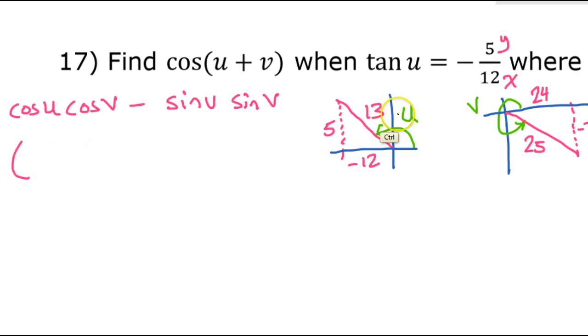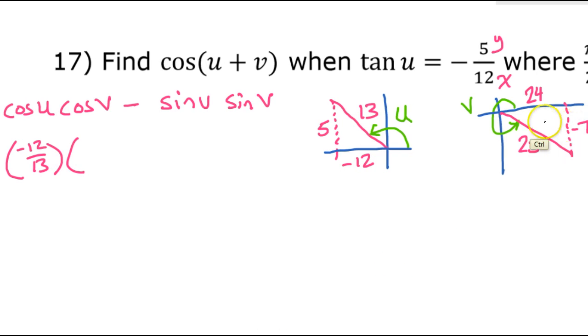Okay, so cosine of u, that's x over r, so that's negative 12 over 13. Cosine of v, that's x over r, so 24 over 25, minus sine u.